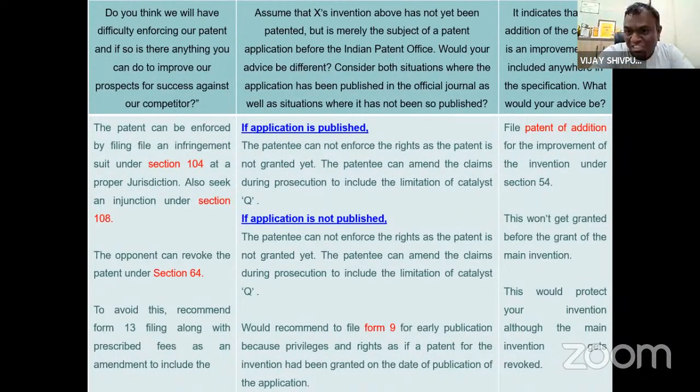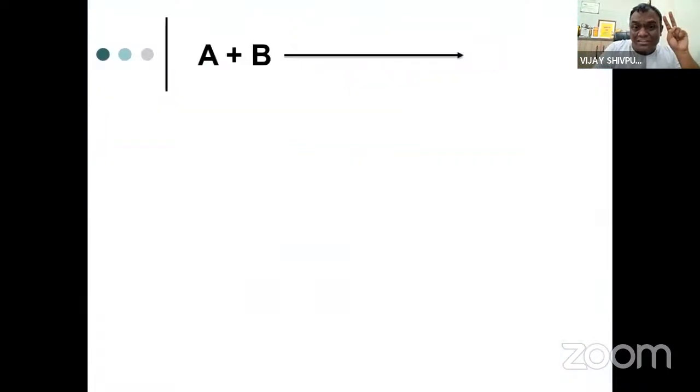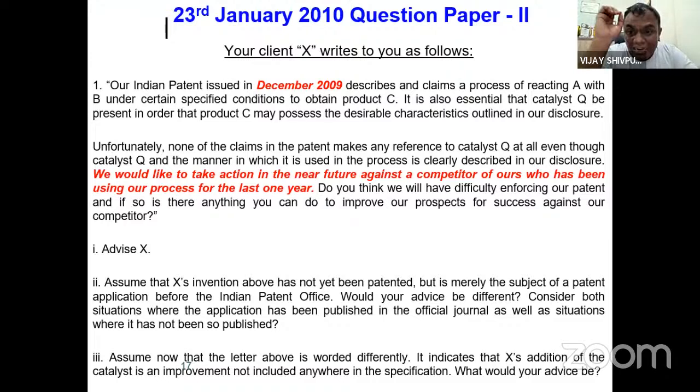I've got a question here from Rachna. Will addition of catalyst not change the scope of claims after grant? Yes, it would change. The addition of catalyst would change the scope, but it would not be under attack under revocation then. That is the first thing, Rachna. Second thing is that the question mentioned that a competitor of ours has been using the process.